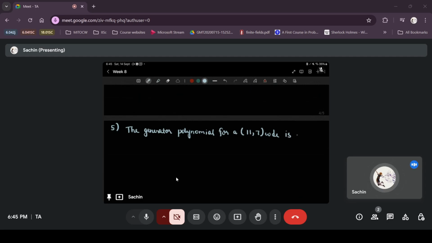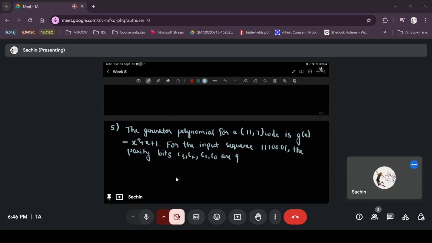The 11.7 CRC code is g of x equals x power 4 plus x plus 1. For the input sequence 1110001, the parity bits C3, C2, C1, C0 are given as.